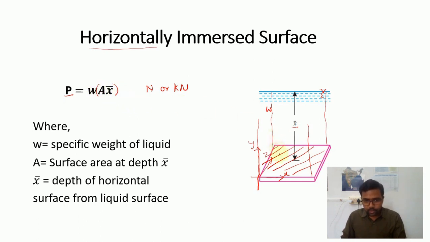So area into x bar is the volume of the water which is standing over the horizontal surface. Volume into the specific weight of the liquid gives us the weight of the water standing over it. So for horizontally immersed surfaces, the total pressure force is equal to the weight of the liquid standing over the surface, right? That's it.